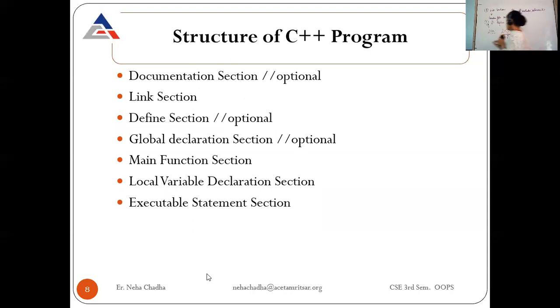Or you are going to calculate pi r square, then you will write pi into r into r. That means instead of writing the value, you will directly use the name of the variable that you define in your define section. Fine. This will depend upon your program whether you require the same value again and again or not.